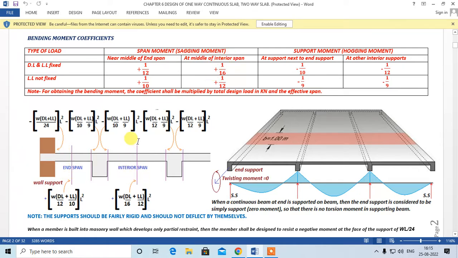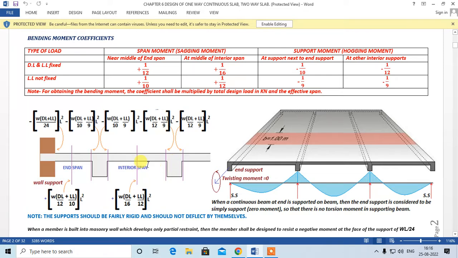Similarly, support moments are hogging moments. They are negative because tension is at the top and they will give us negative steel. At the support next to end support, and at other interior supports, right?